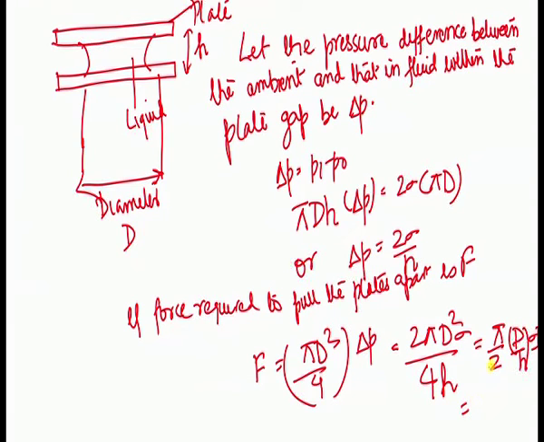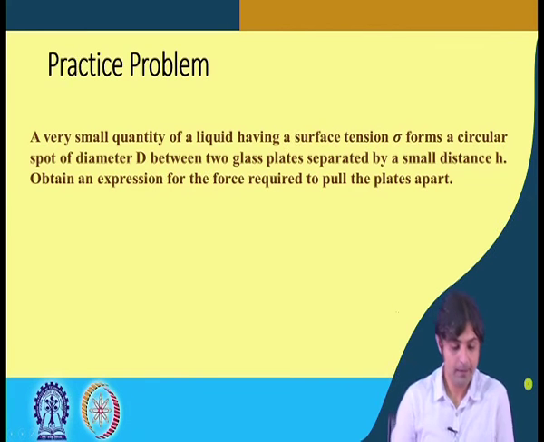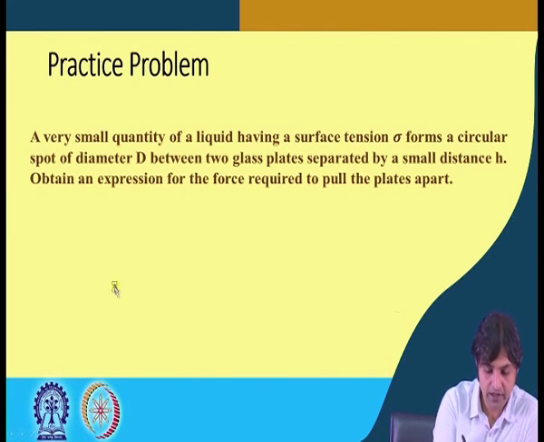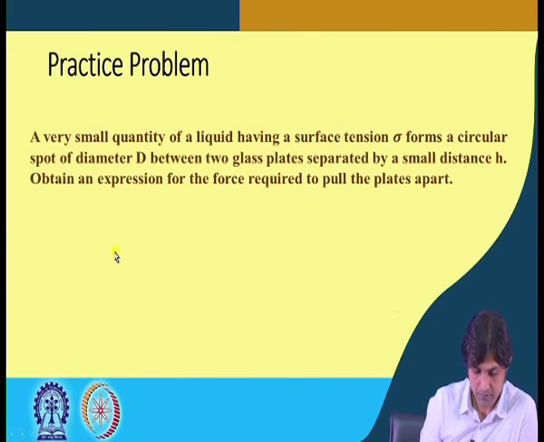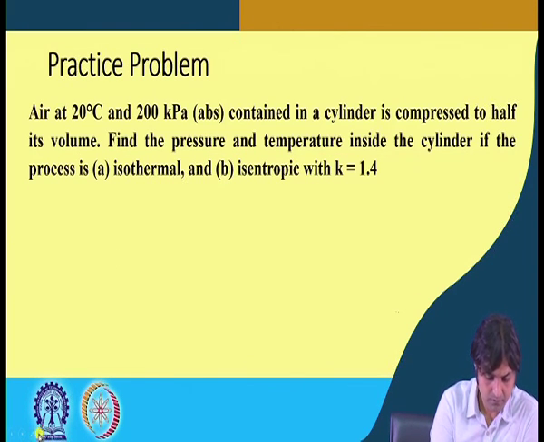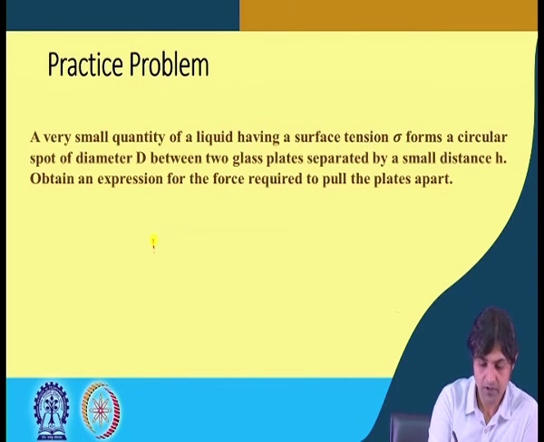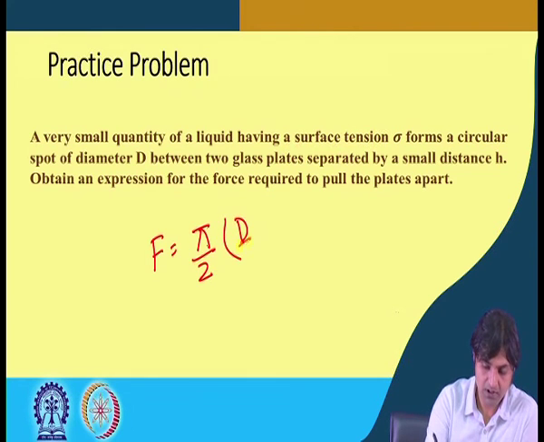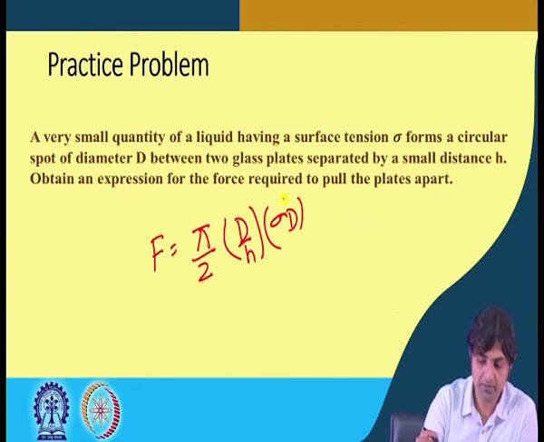Sorry, I'll write it again. Pi by 2 d by H sigma d. So writing the final equation here, F that is required will be pi by 2 d by H sigma d, sigma multiplied by d.